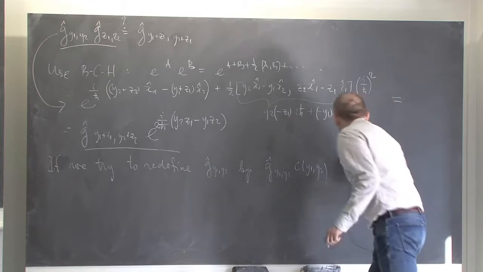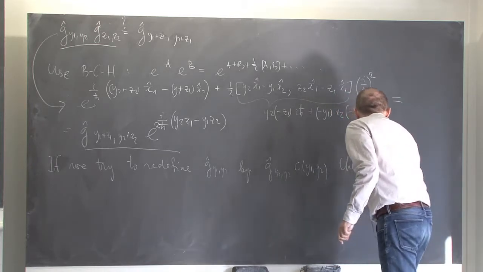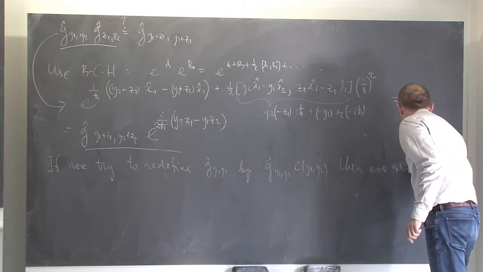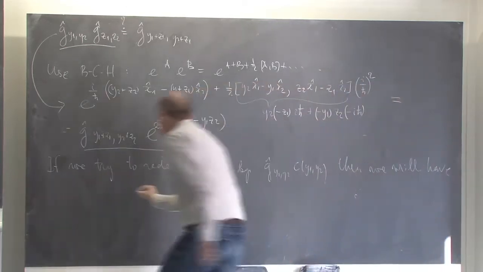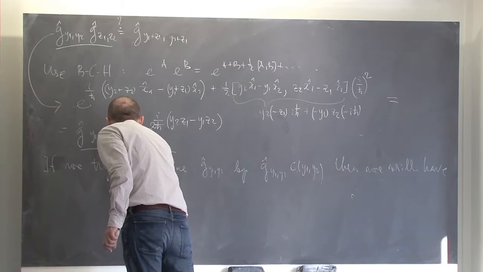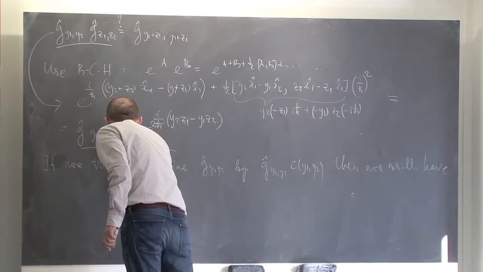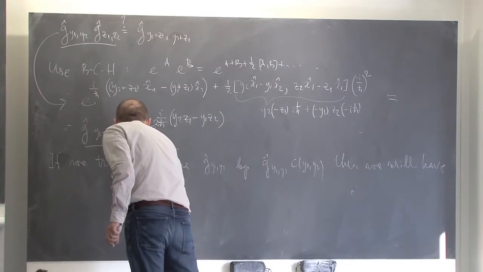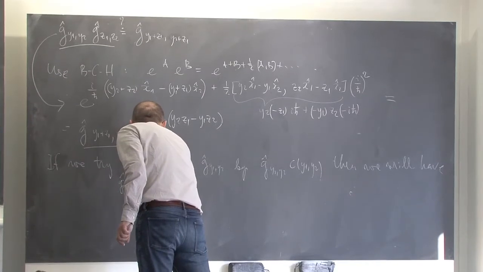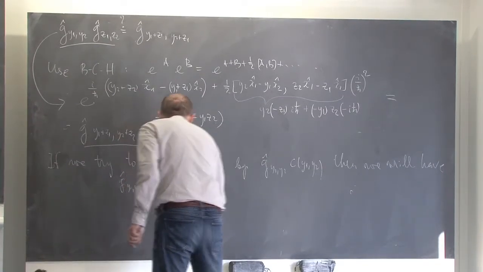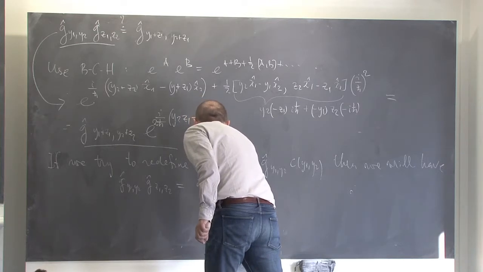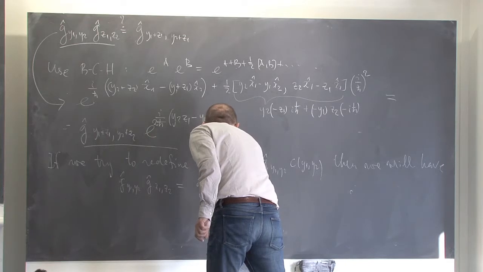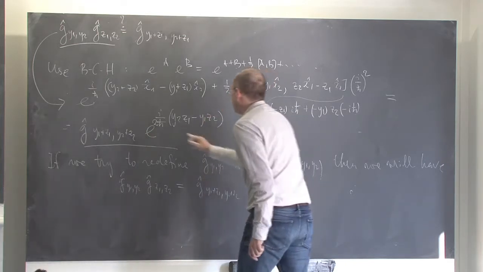If we try, then we will have g hat of y1, y2 times g hat of z1, z2 equal g hat of y1 plus z1, y2 plus z2 as before.